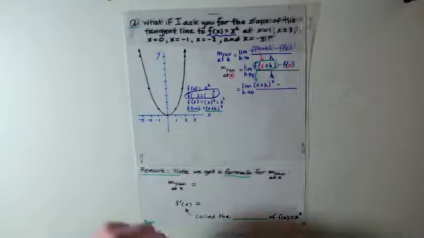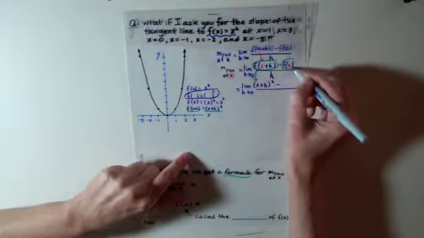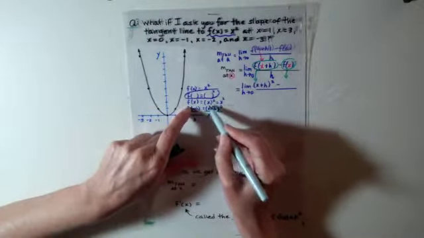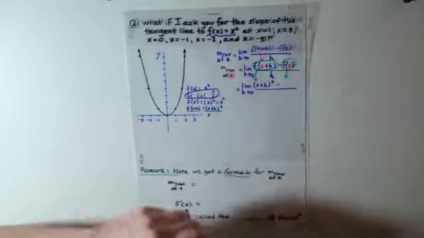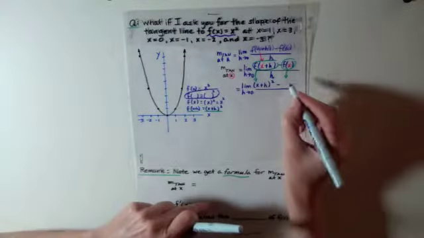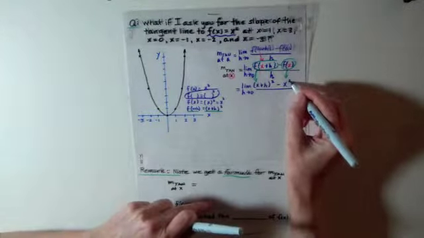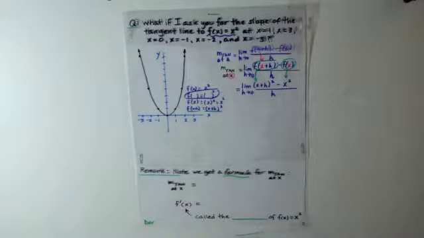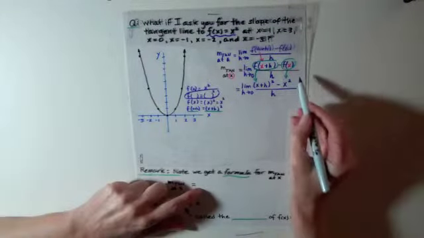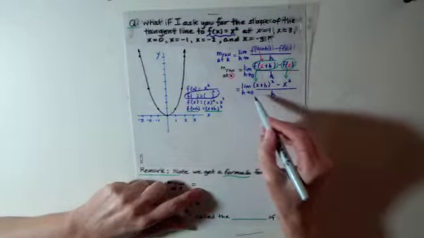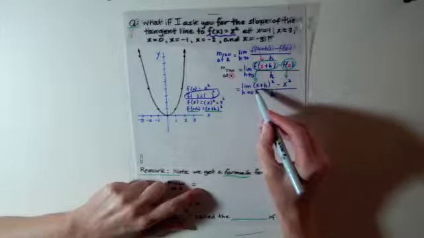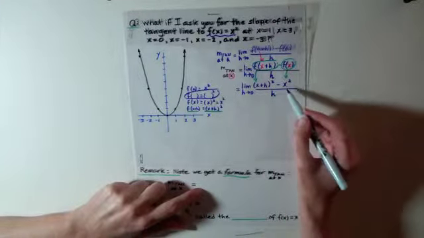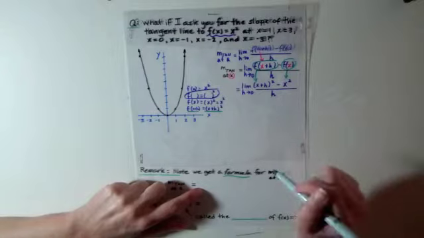And the other thing that I see in the numerator that I'm going to be subtracting off is f of x, which for this function is just x squared. And according to my formula, I divide the whole thing by an h. All right, that looks pretty good. So now we have the limit as h goes to 0 of x plus h quantity squared minus x squared, all divided by h.